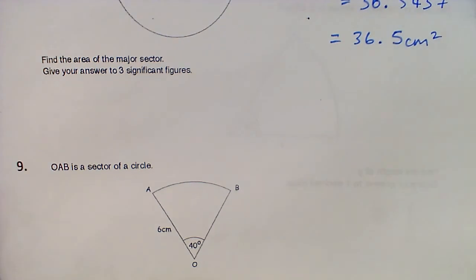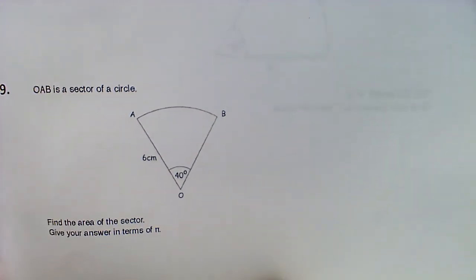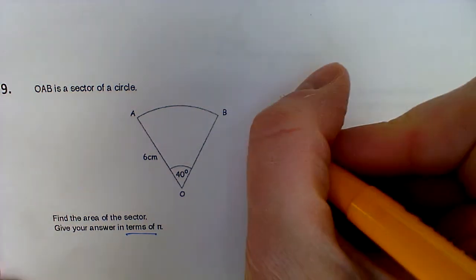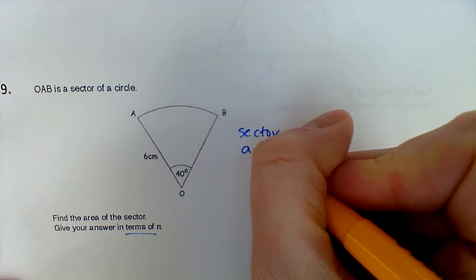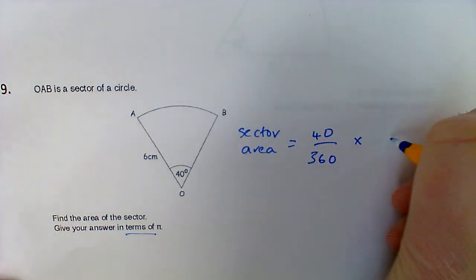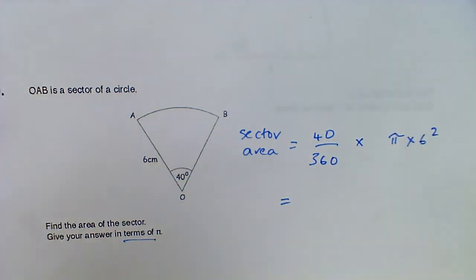Okay, our next one then. Work out the area of this sector and give your answer in terms of pi. So our sector area is our fraction by pi r squared, so by pi by 6 squared.